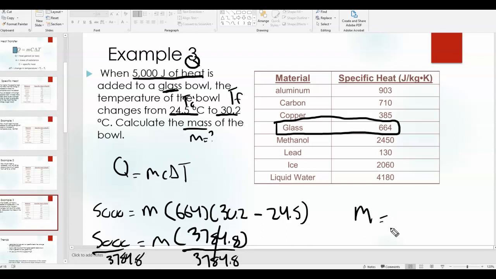In my calculator, to get the mass, I'm doing 5,000 divided by 3784.8, and I get 1.32 kilograms. I only put two decimal places here randomly. Remember, usually the problem will tell you how many decimal places to put. Pause there if you need to look at that some more.